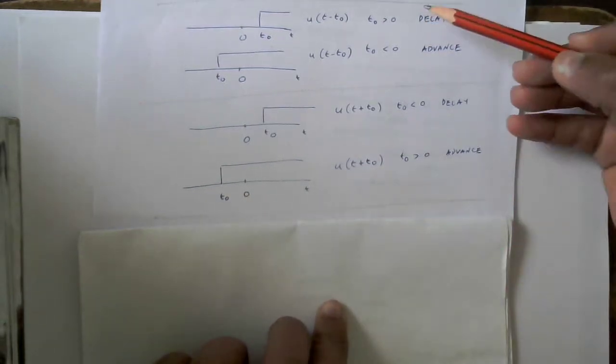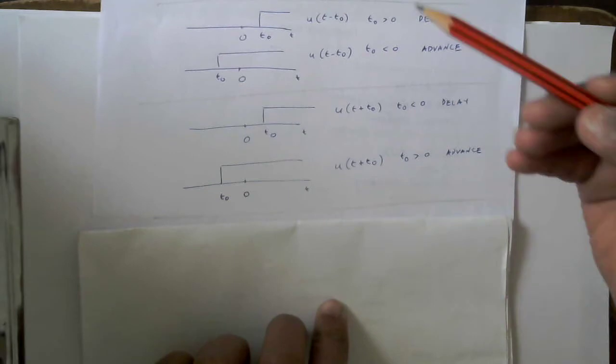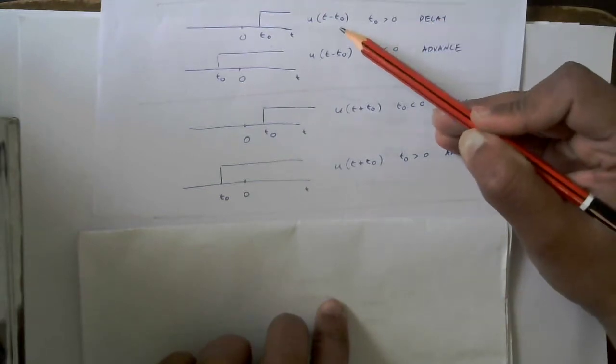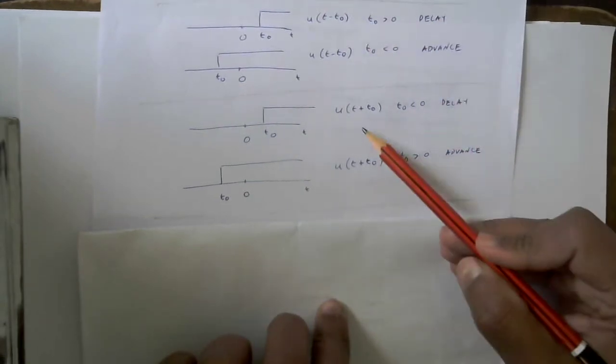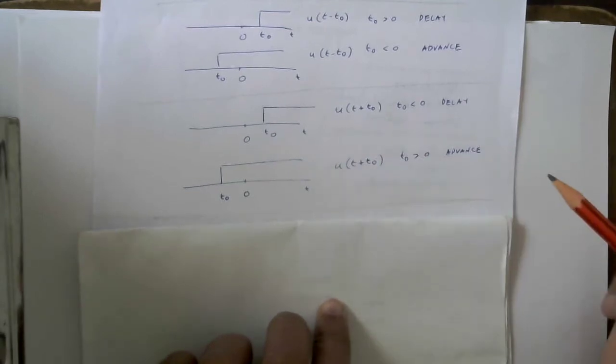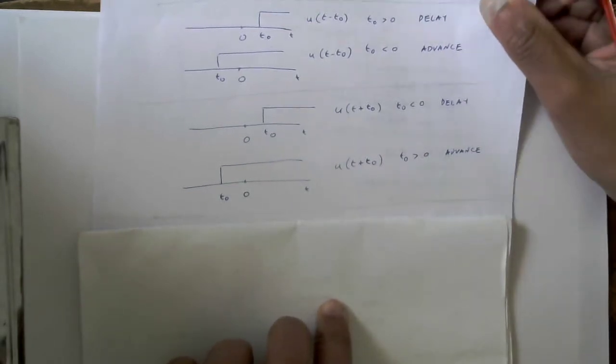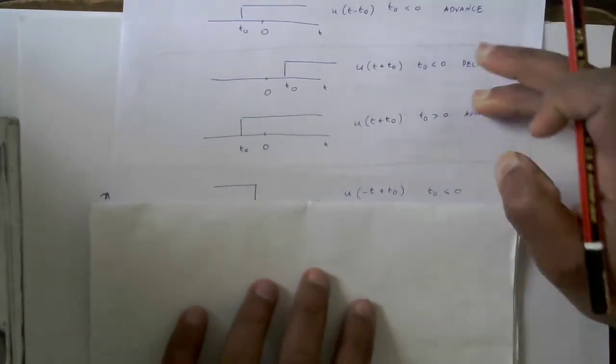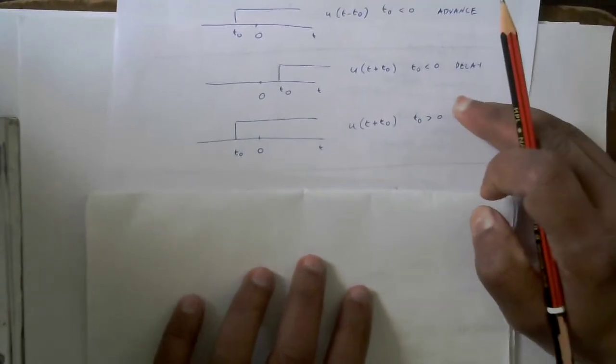Fine. So this is just the reverse case. This is just because in one case you represent the time shift as t minus t naught, in the other case you represent it as t plus t naught.